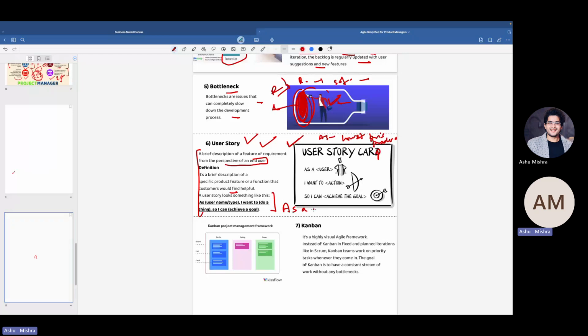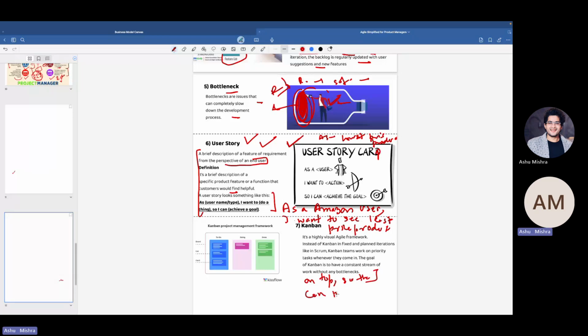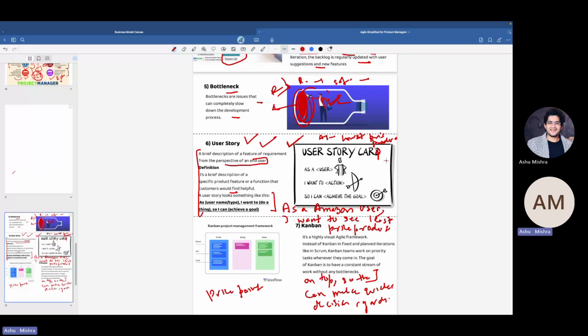As an Amazon user, I want to see the least priced product on top so that I can make a quicker decision regarding price points.